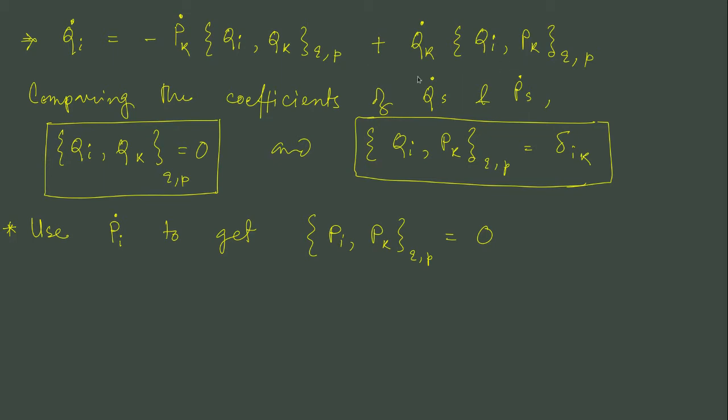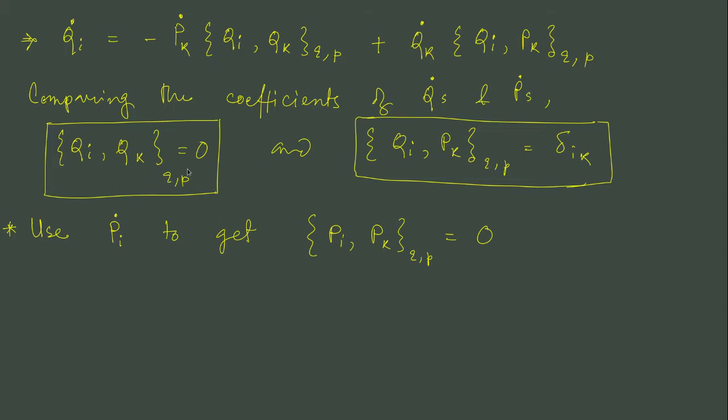Otherwise, it must vanish, because we have Qi dot and here we have Qk dot, so there is no identity for any other index. If it does not match, then the Qk dot has only one occurrence.